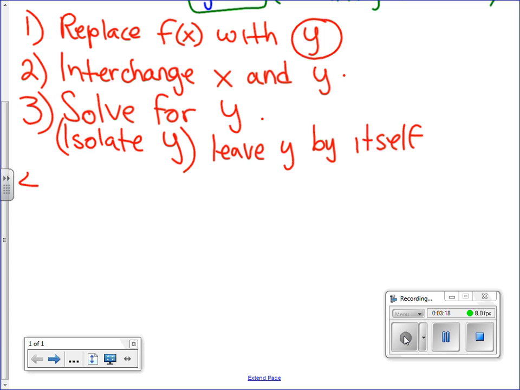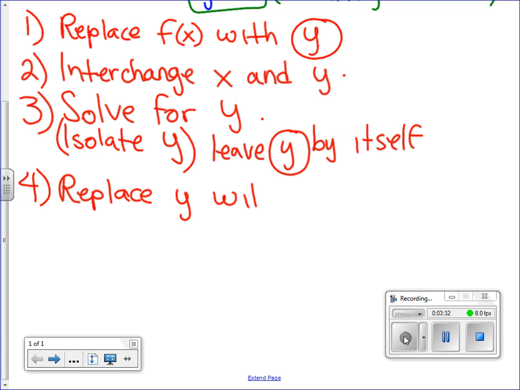Okay, after we do that, we'll go to number 4, and number 4 will be to replace y with the function notation for an inverse of a function, and that will be f inverse of x. Are you taking notes? Okay. So those 4 steps are very important, and let me go ahead and do an example.